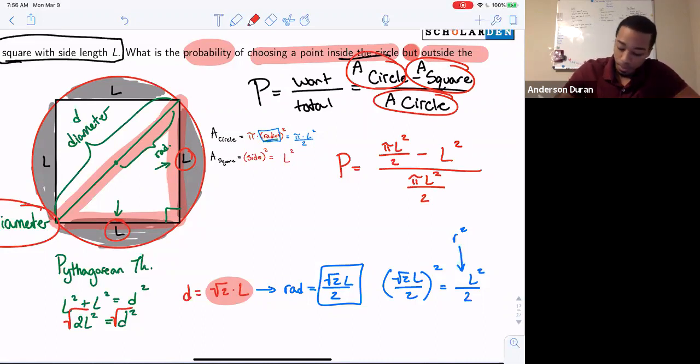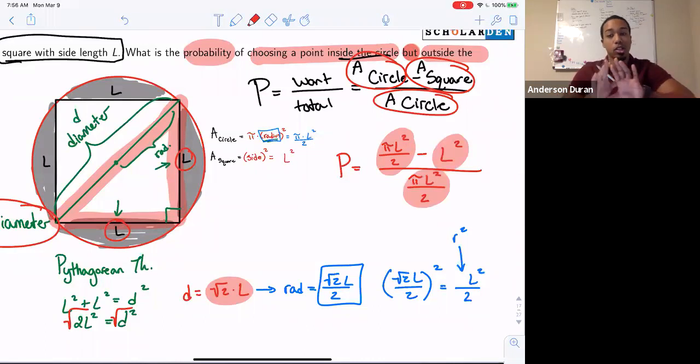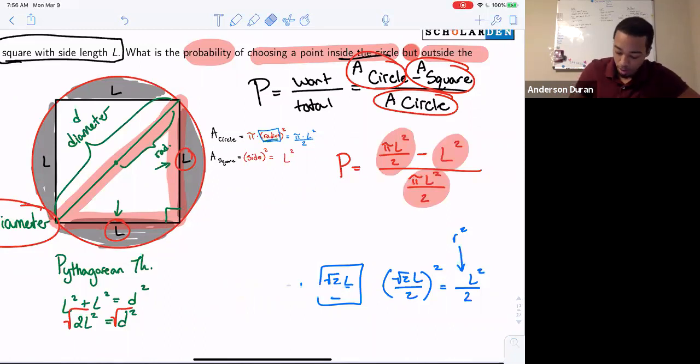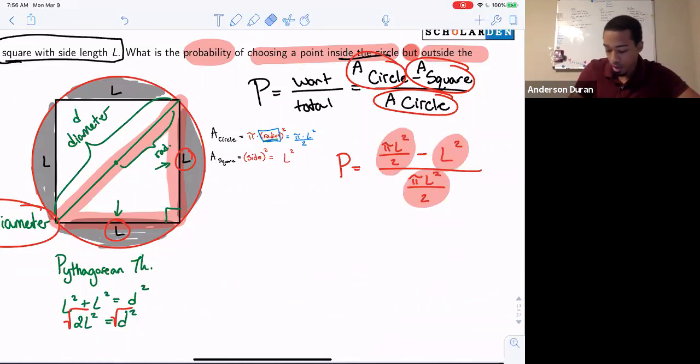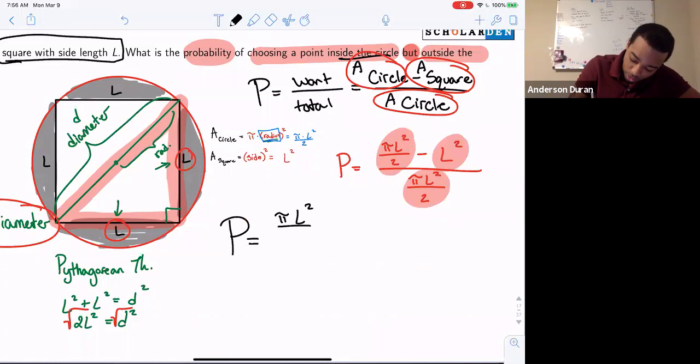What I will do is split this fraction up. We have this minus that divided by this. I'm going to split them up into 2 separate fractions. So allow me to erase what's on the denominator here, or in the bottom, and let me show you. My probability, I'm going to split it up again into 2 separate fractions.